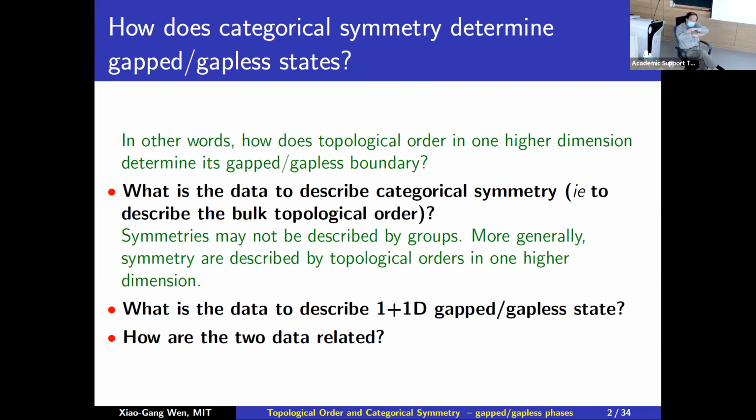It means I want to remove the symmetry and consider a system without symmetry. But we can still describe the symmetry effect by saying my system without symmetry actually is a bulk theory. Then the bulk topological order puts a constraint on the boundary dynamics, which has the same effect as a symmetry directly constraining the boundary dynamics. So when you have this holographic picture, the whole picture has no global symmetry.